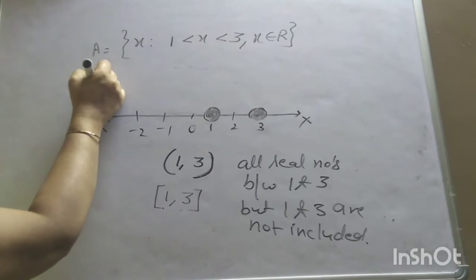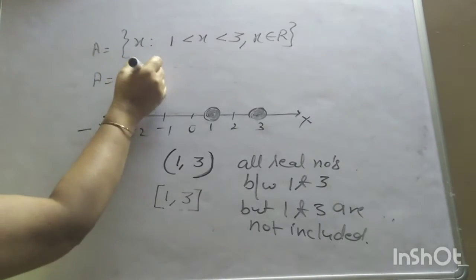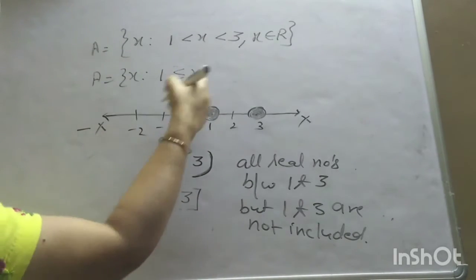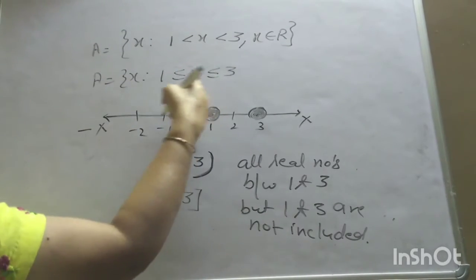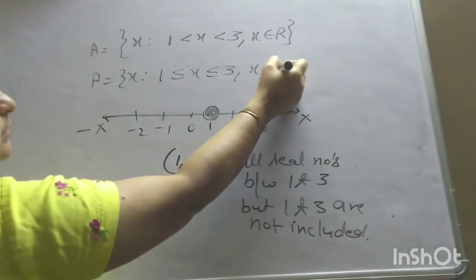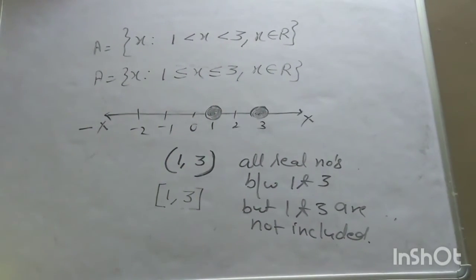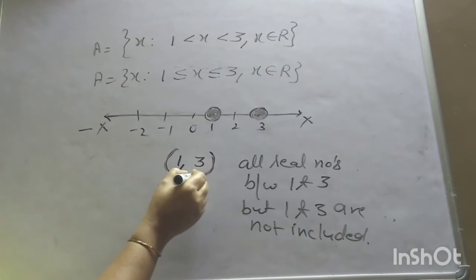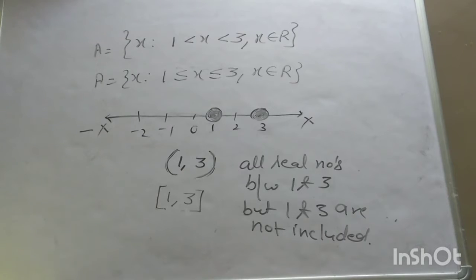So we can write it as {x : 1 ≤ x ≤ 3, x belongs to R}. So if we use this bracket, it means we are using open interval, and if we are using this bracket, it means we are talking about closed interval.